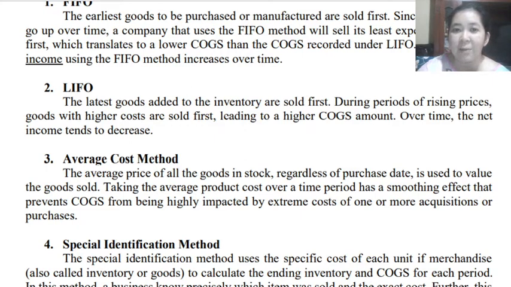So it will lead to a higher cost of goods sold, and over time, the net income of an entity will tend to decrease, because under the LIFO costing method the cost of goods sold is higher, so the effect is lower income. The trend will also be decreasing in this case for the entity.